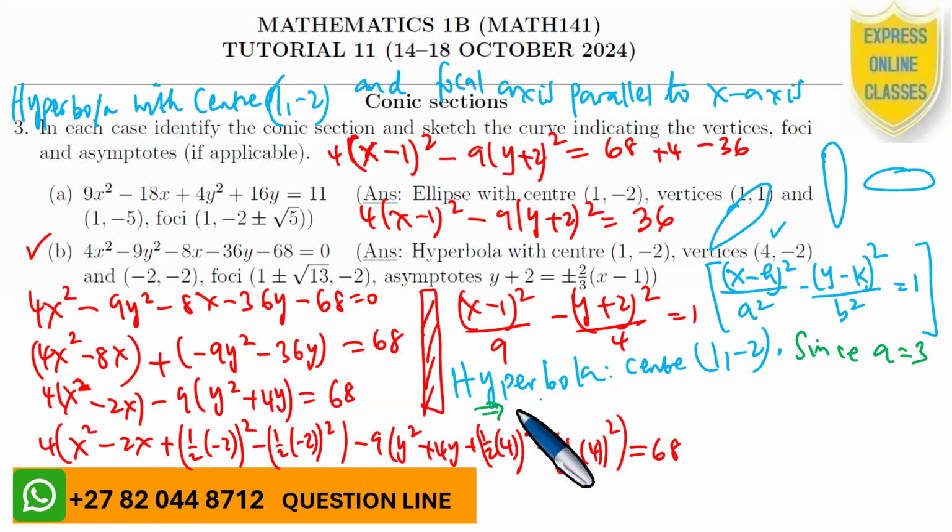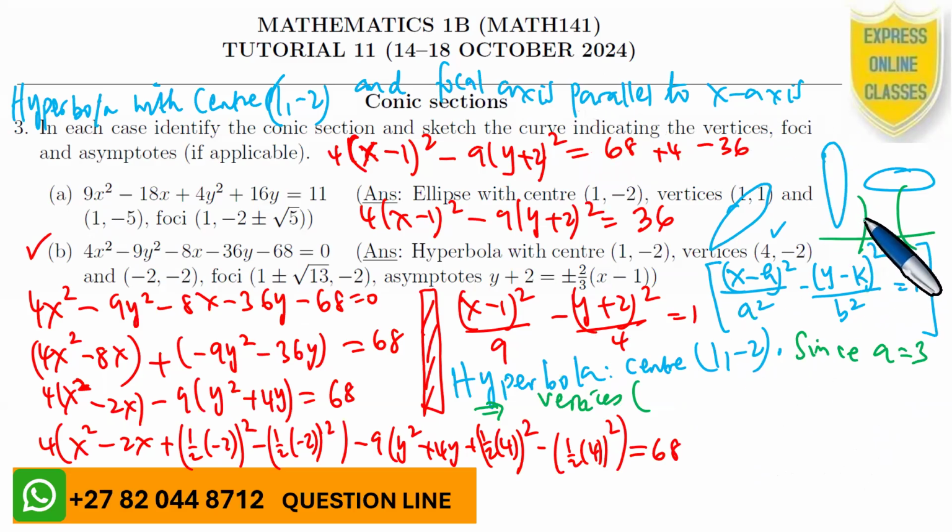this implies that the vertices, what are the vertices? Now we can alter the center with a, but because x is positive, the hyperbola is going to open like this and like that, relative to the x-axis. So the focal axis is parallel to the x-axis.